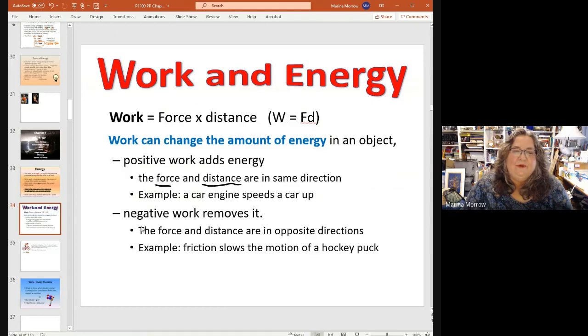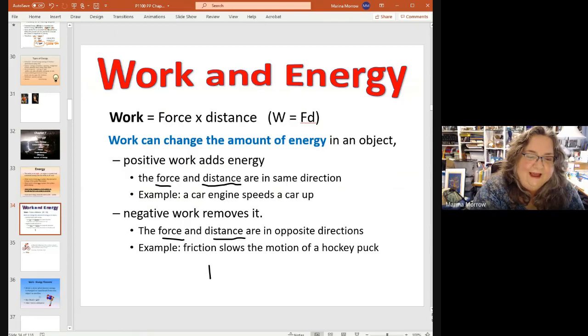But negative work is when the force and the distance are in opposite directions. So you've got a hockey puck sliding across the ice, but friction will eventually slow it down. And friction is always a force that's opposing the motion. So it's in the opposite direction. Right? So your hockey puck is sliding.